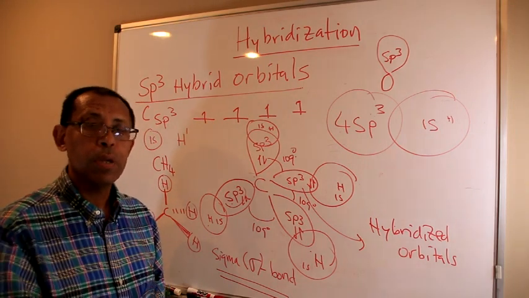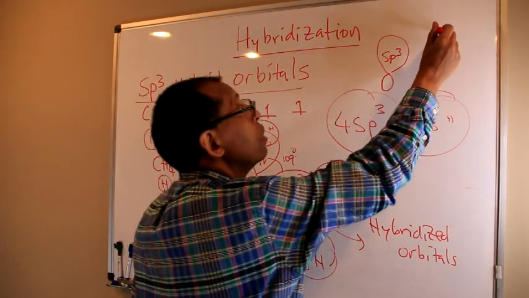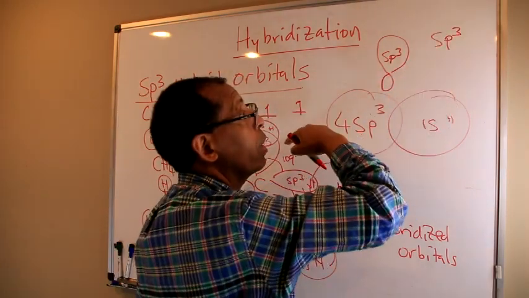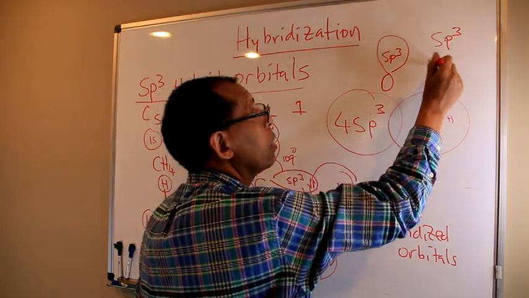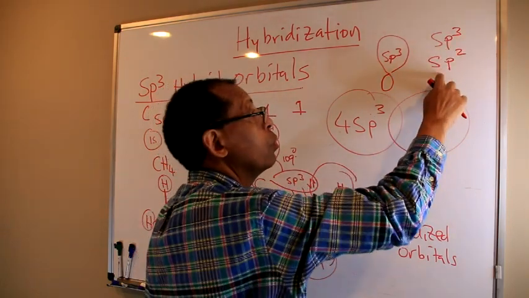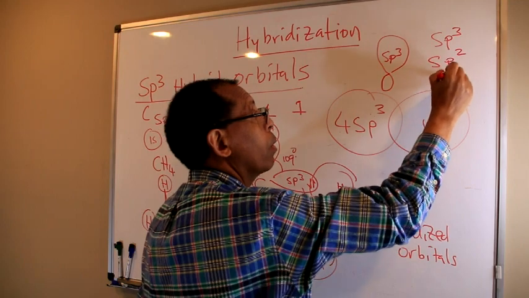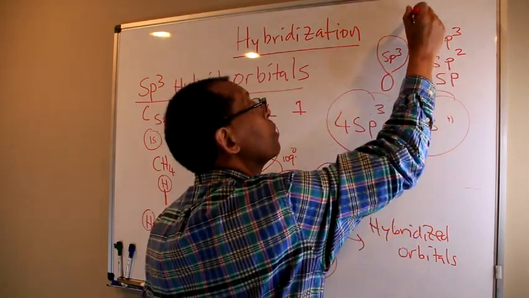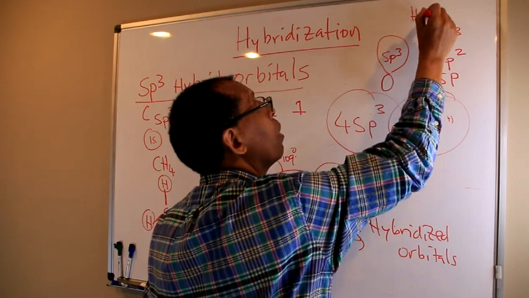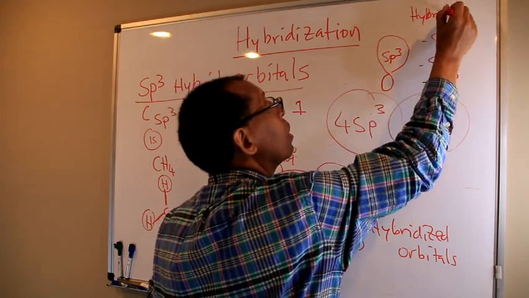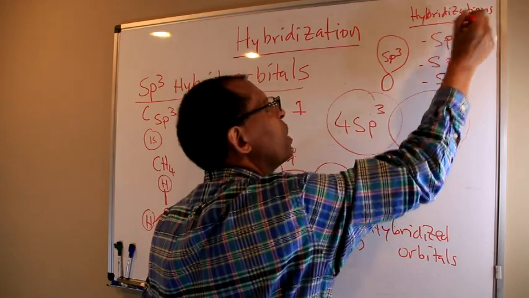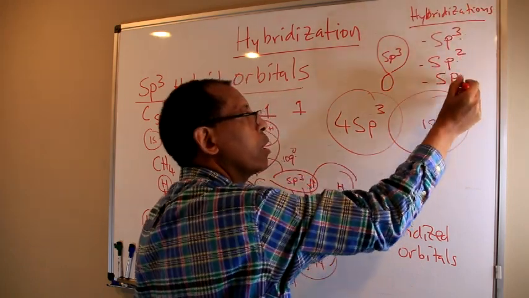So there is sp3, which we just discussed, from hybridization of 1 of the s with 3 of the p. There is another one called sp2. There is also another called sp. These are the types of hybridizations that are possible: sp3, sp2, sp.